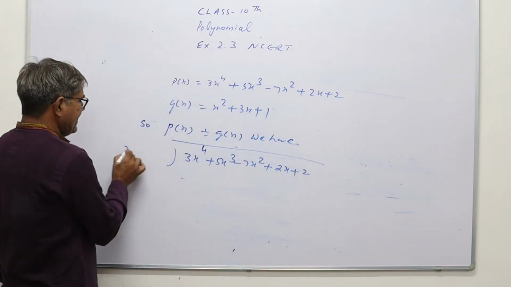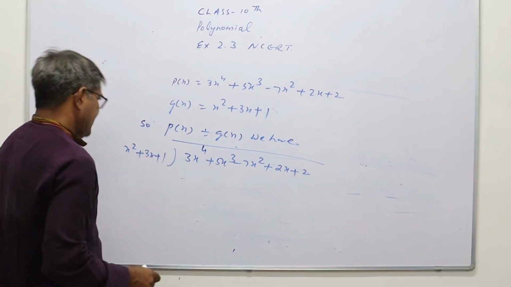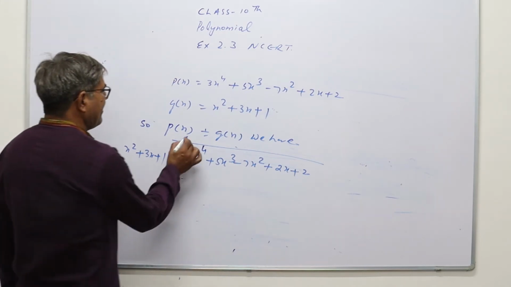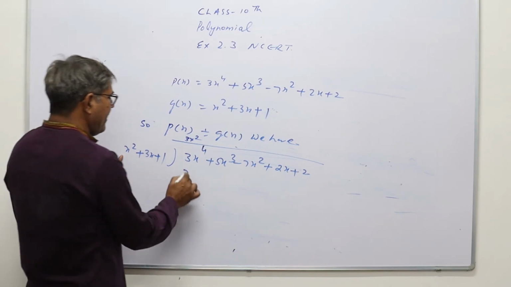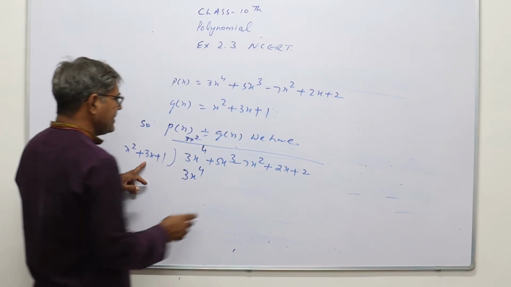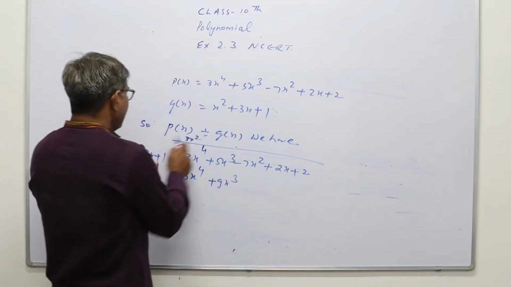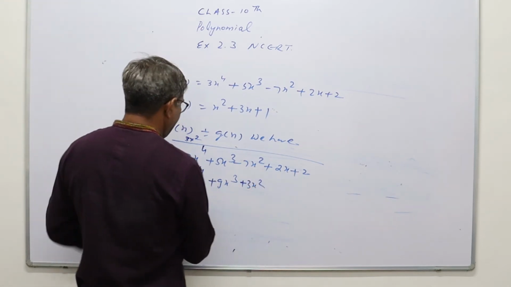Here g(x) is x square plus 3x plus 1. See, the highest degree term is 3x power 4. So if we multiply by 3x square, then 3x square into x square, 3x power 4, then 3x square into 3x, 9x cube, then 3x square into 1, that is 3x square.